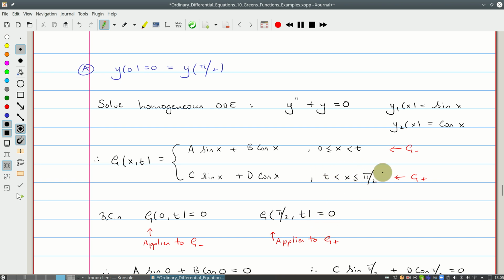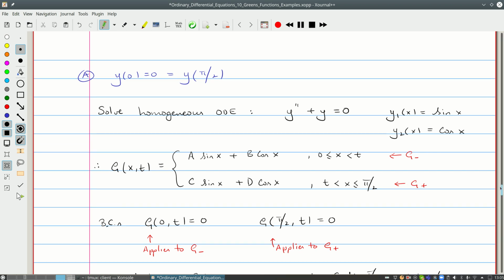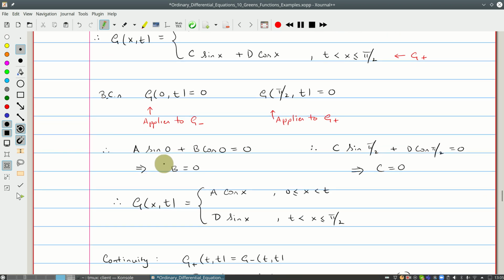This is accessible to this side, which means we apply to g plus. So we get a times sine 0 plus b times cos 0 is 0, or b is 0. And likewise here we have c times sine of pi over 2 plus d times cosine of pi over 2 is 0, which means c is 0.